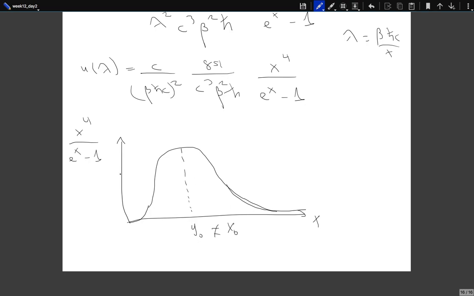So there's a corresponding lambda max, which is beta h bar c over y0, which, by the way, is not equal to c over omega max. They're just shifted a bit because of this 4. You see, in the other one, it's just 2. y0 is slightly larger than x0.